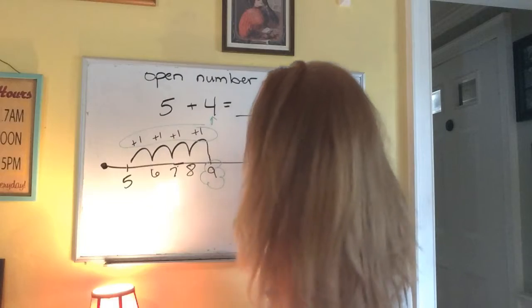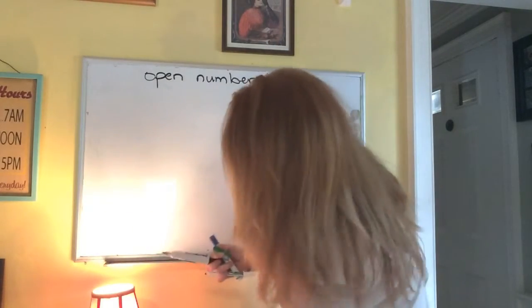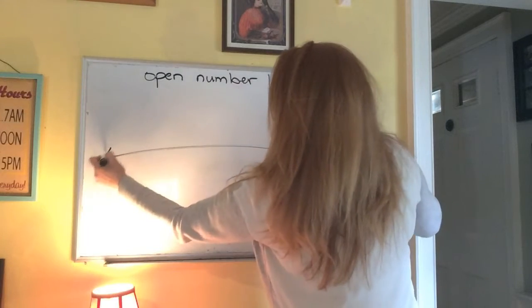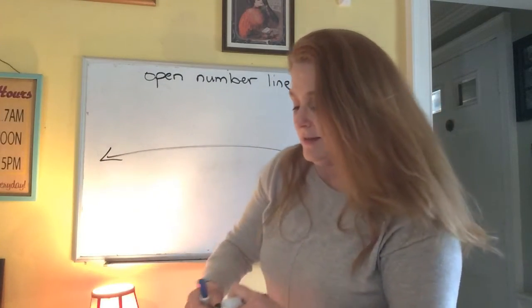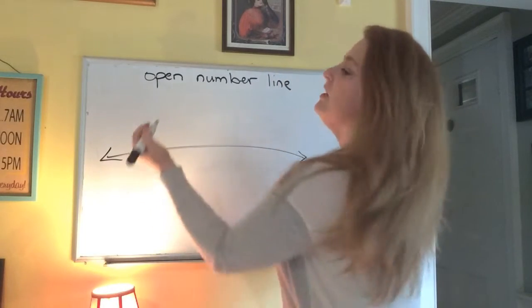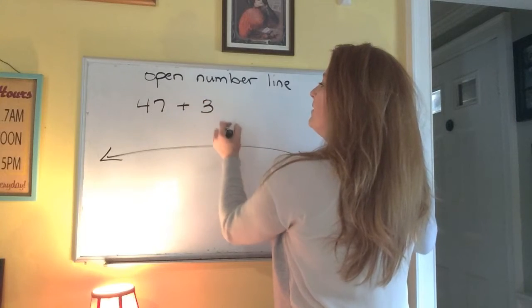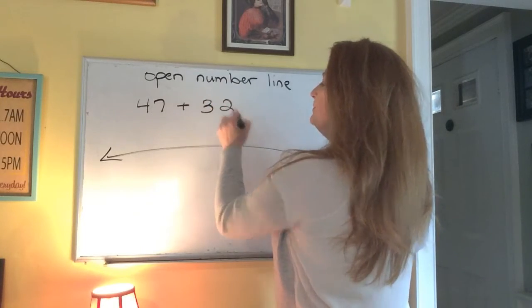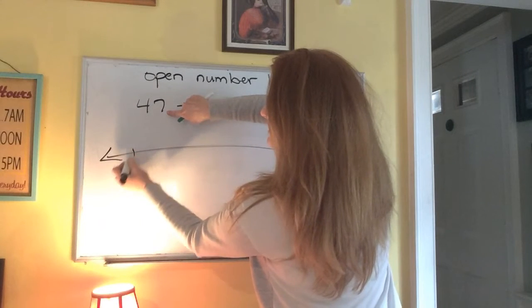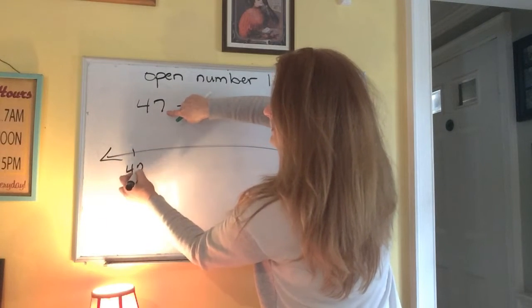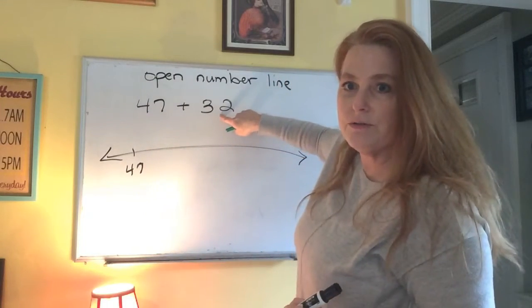All right, I know you know that, but let's do one that's a little bit bigger, because we did move on to numbers that were larger. We moved on to numbers that were in the tens, right? So let's do 47 plus 32. Okay? So we're going to start with our first addend way down to the left, and then we need to add 32.